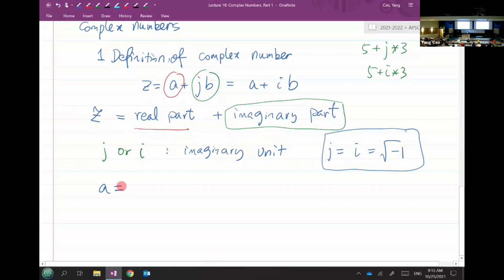First of all, there's also a name for the a. We call this the real part. So we write it like this: a is the real part of this complex number Z. That's how we denote that.